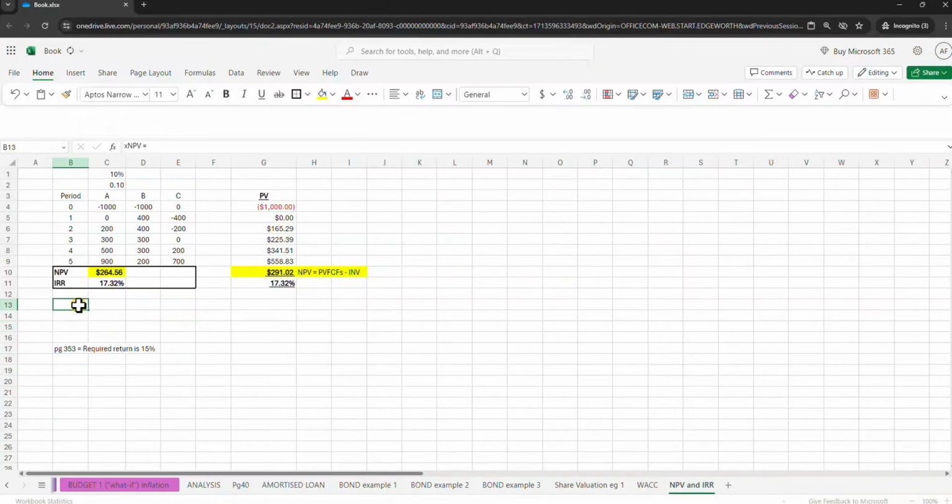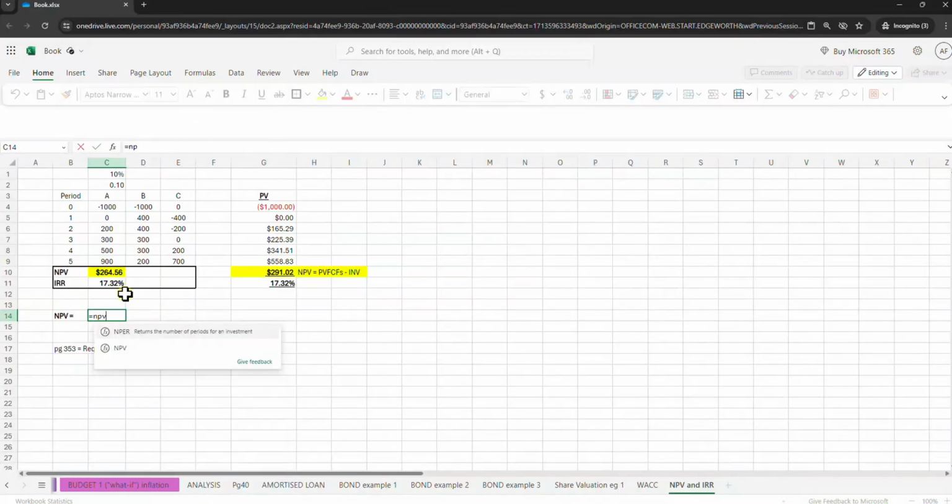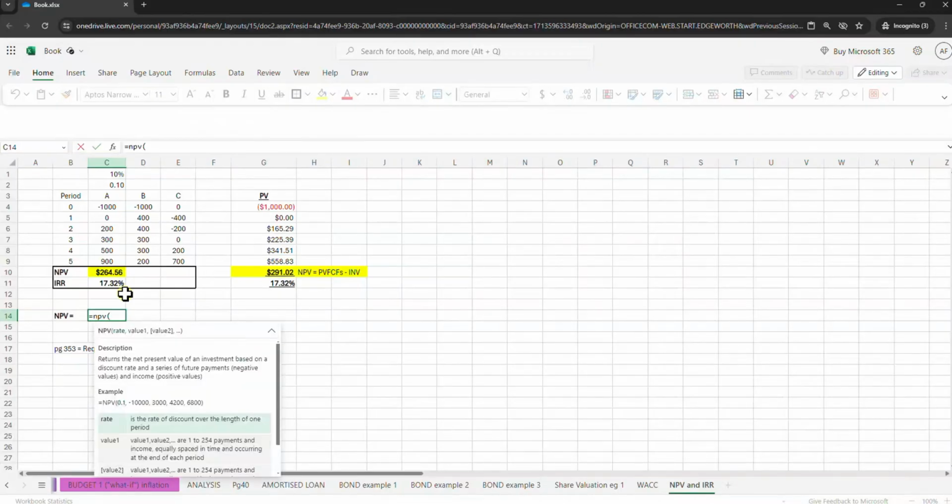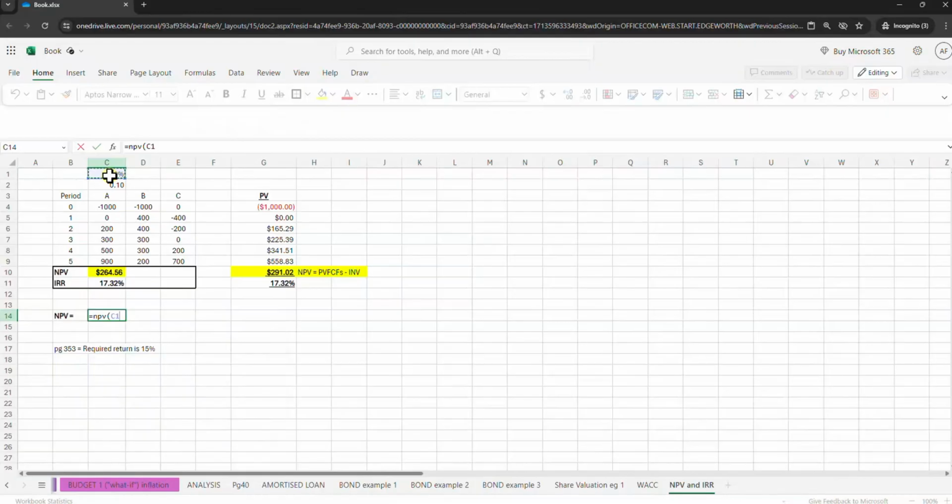Okay, NPV equals, this is how you do it. You reference the rate. So the rate here was 10%, eh? Yes. Okay, so NPV, open brackets, the rate was 10%, so I'm going to use the 10%.